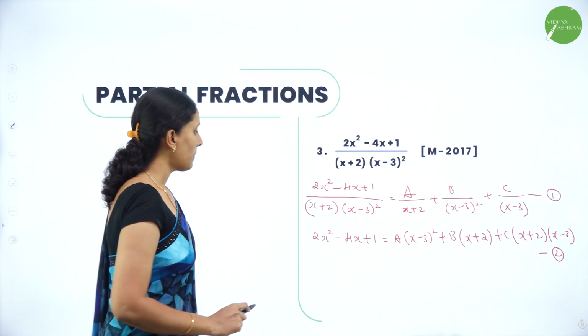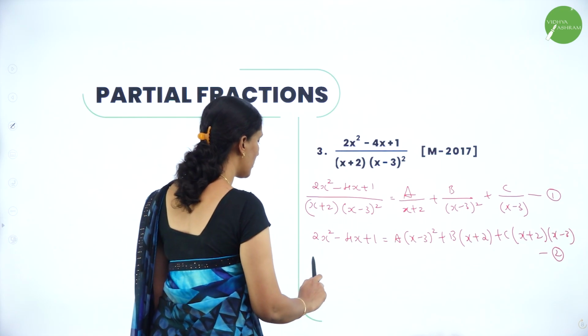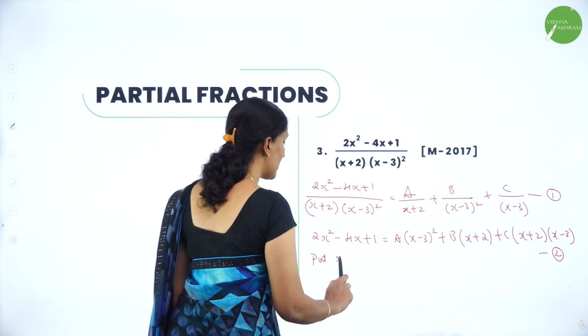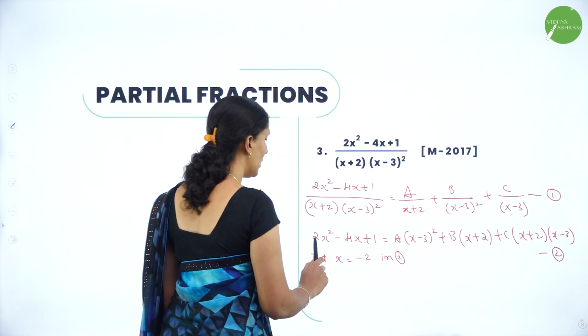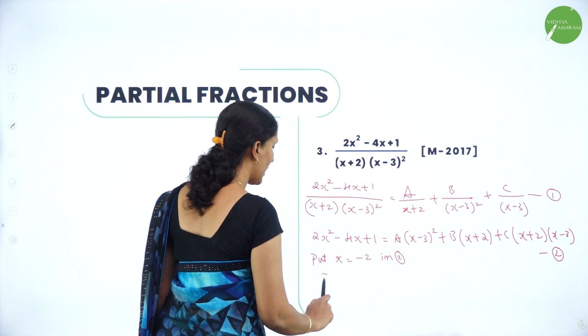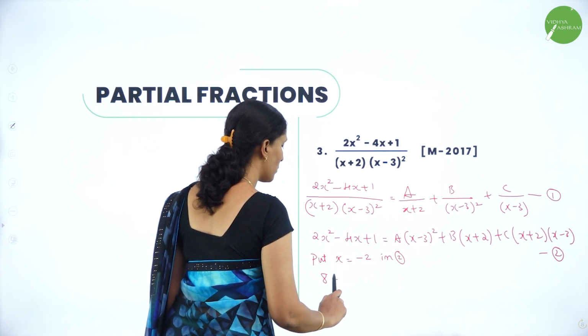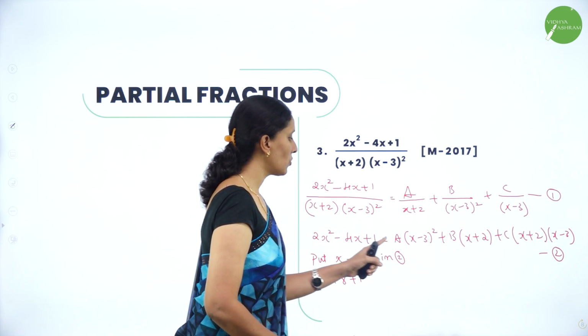So substituting x plus 2 as 0, we will get x is equal to minus 2. So put x is equal to minus 2 in equation 2. Then here minus 2 whole square is 4, 4 2s are 8, minus 4 times minus 2 is 8, plus 1. The terms containing x plus 2 will become 0.